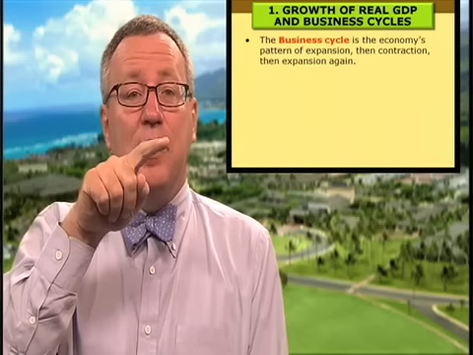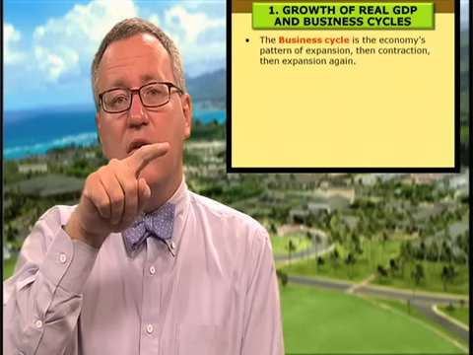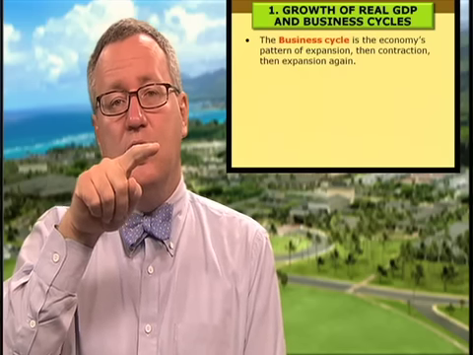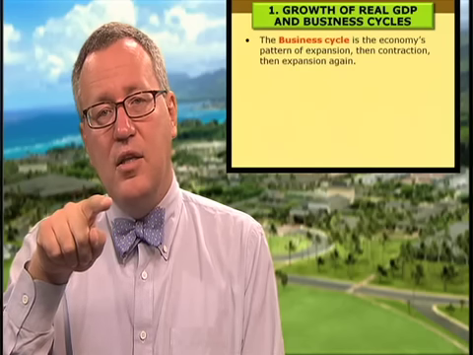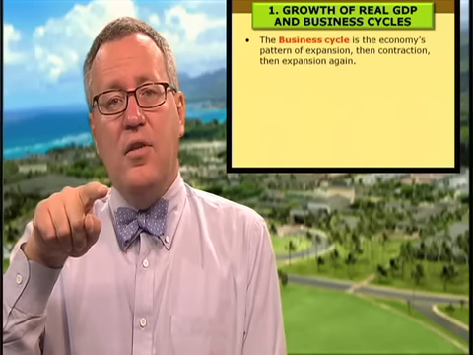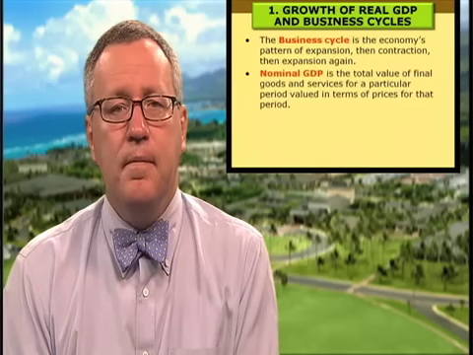We had expanded a little bit too much, beyond the capacity of consumption to consume all the goods that we could now produce, and so we started to go into a recession. And the recession would take us down again. And then all of a sudden consumption would catch up with us, and then we would start going into an expansion again. So what you see in the business cycle is an economic pattern of expansion, contraction, and expansion again.